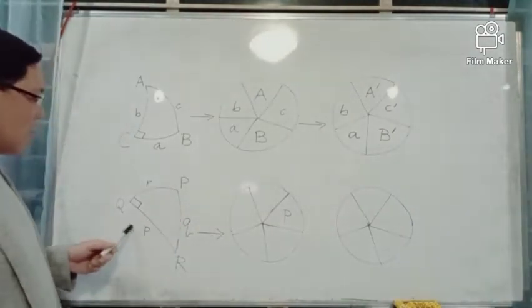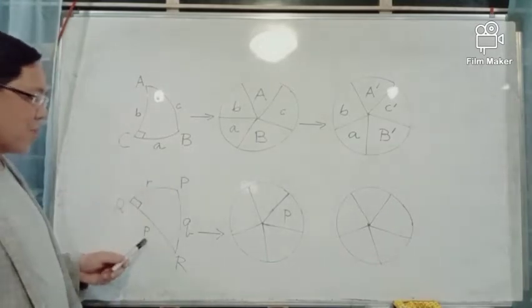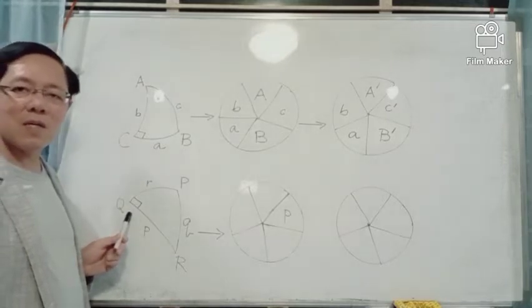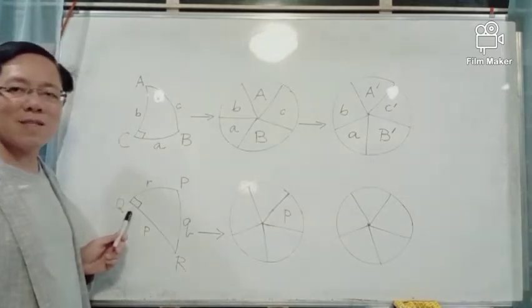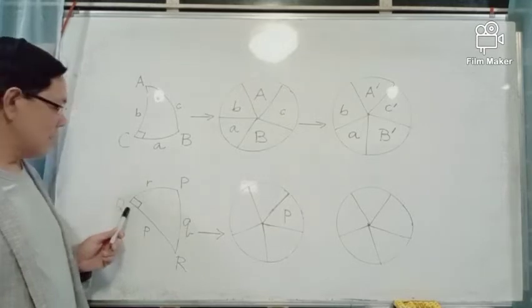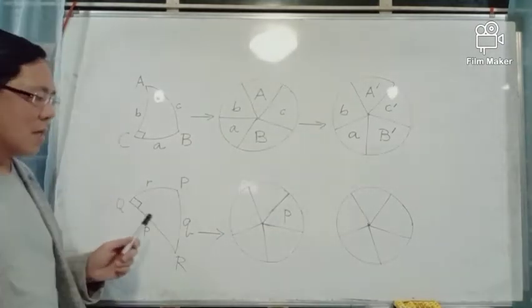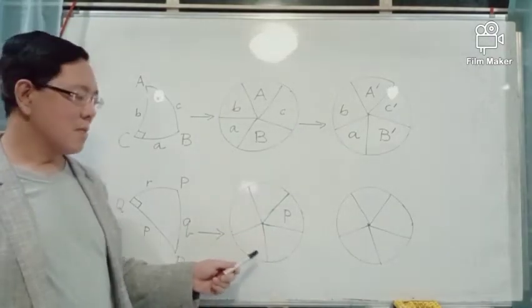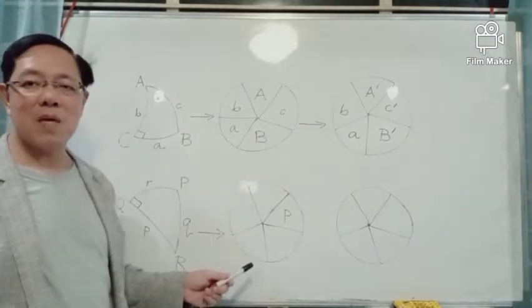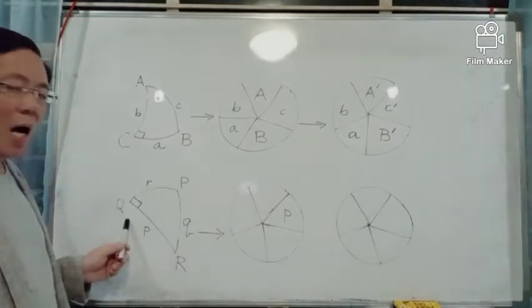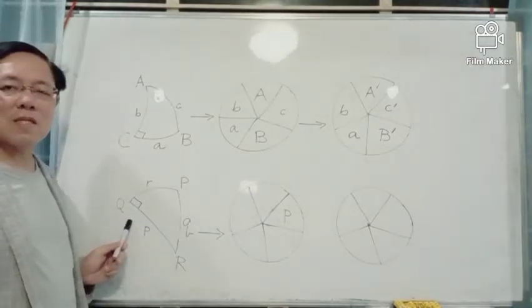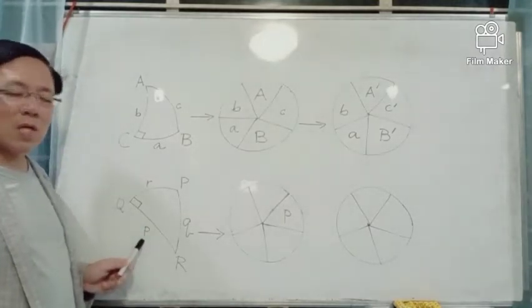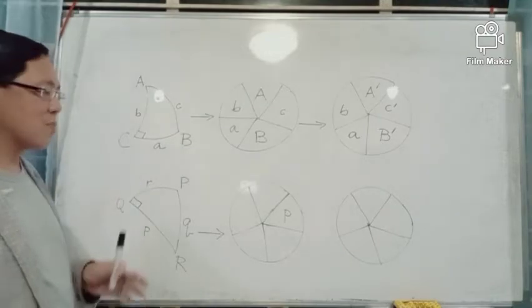If you go in clockwise direction, next to P, you write R. We skip angle Q because angle Q is already known and it is a right angle. Its measure is 90 degrees. We only place the 5 parts of the right spherical triangle in this circle that may vary. That's why we skip angle Q, because it is given as 90 degrees. Hence, after P, if you go in clockwise direction, you write a small r.